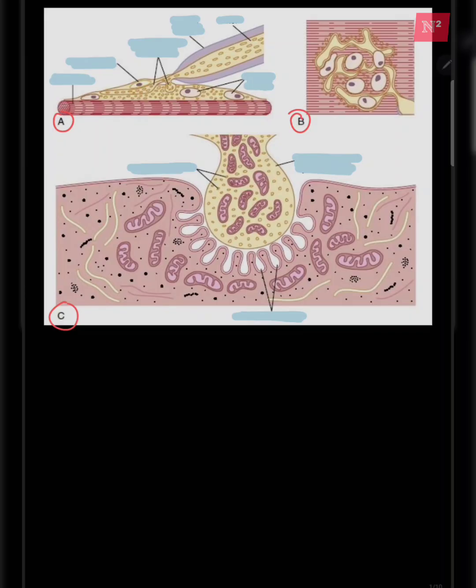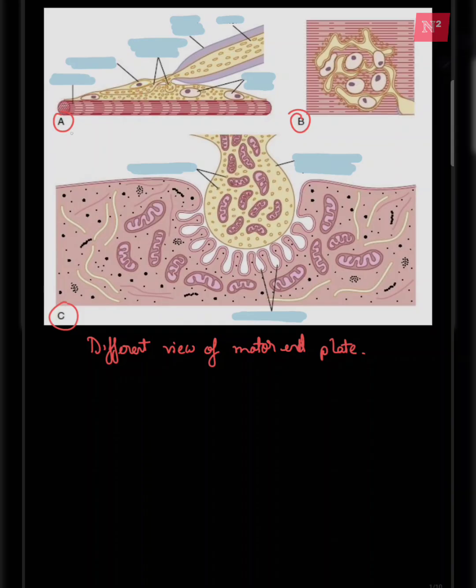Okay, so A is showing you, now all these figures are showing you the different views of the motor end plate.